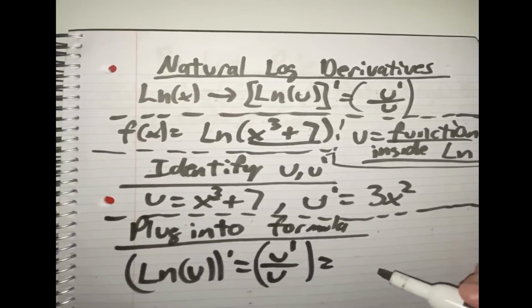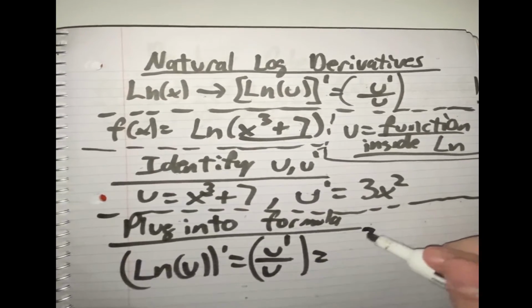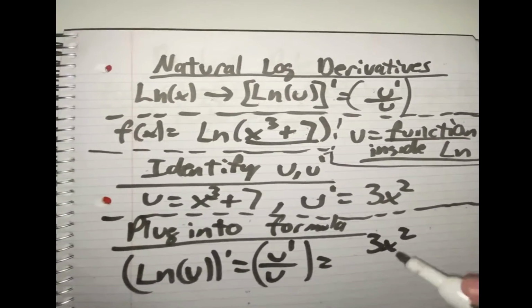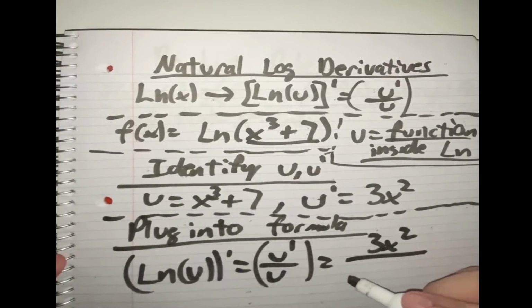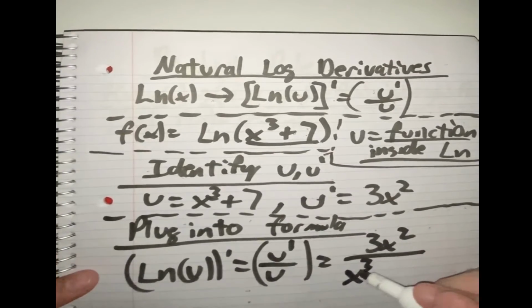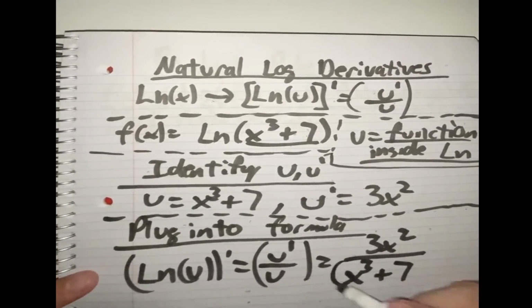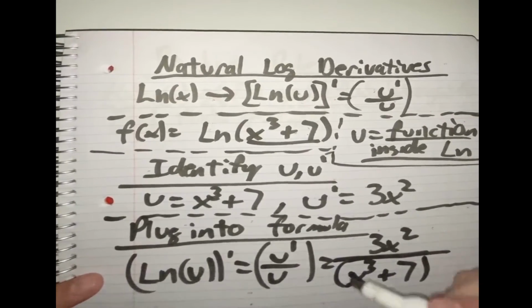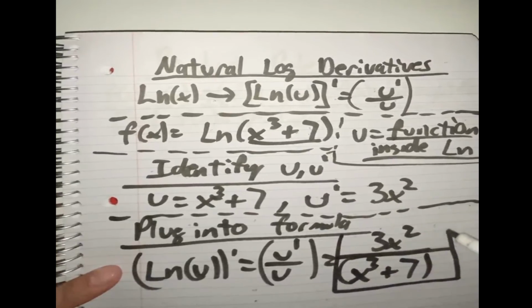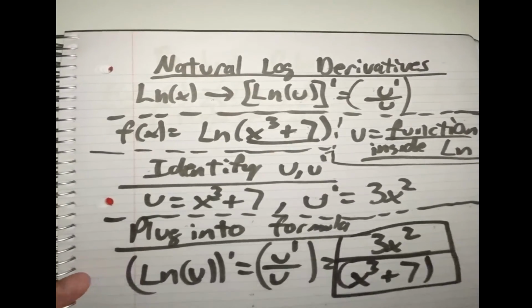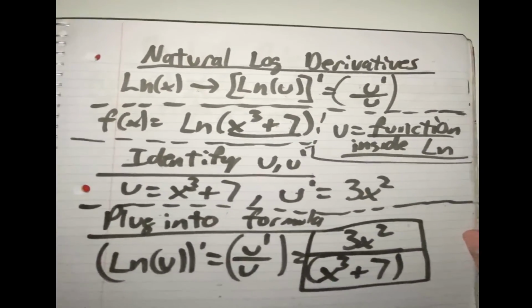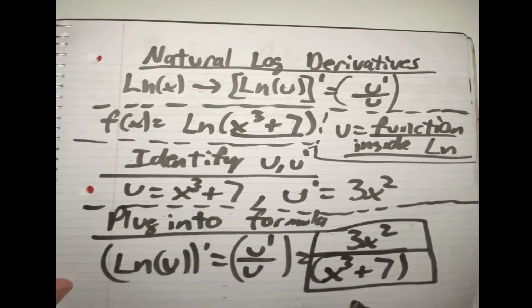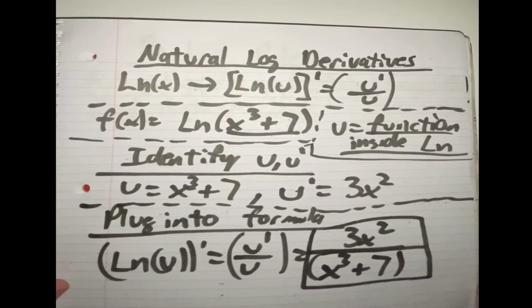And what's our u prime? Our u prime is 3x squared. And then what's our u? Our u is x cubed plus 7. And this is our answer: 3x squared divided by x cubed plus 7.